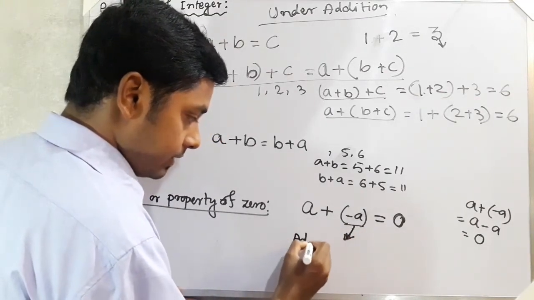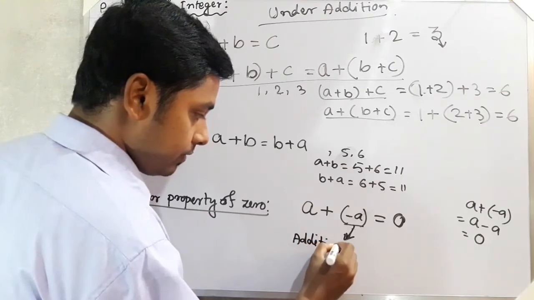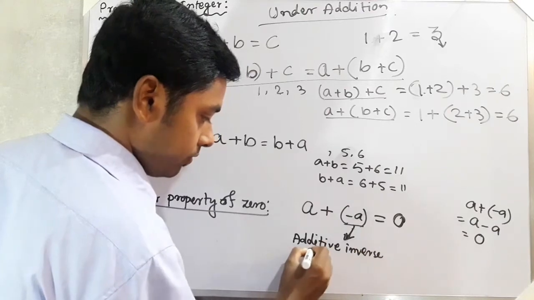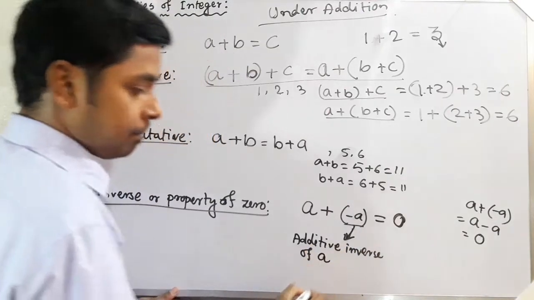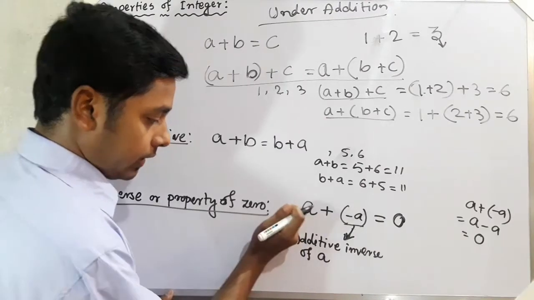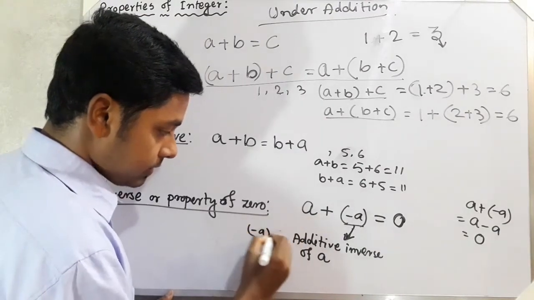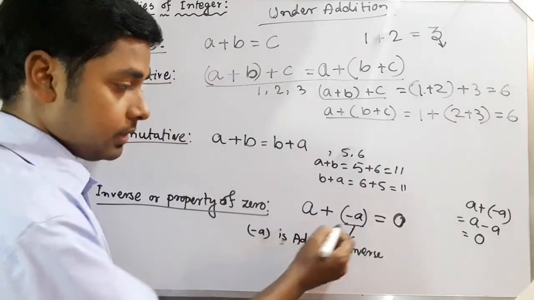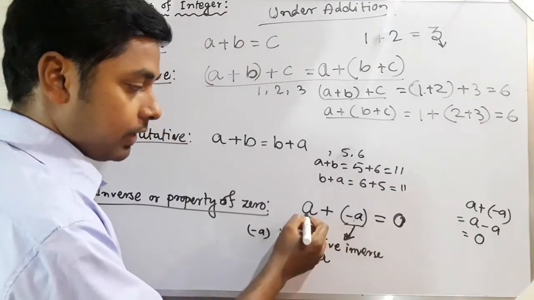Additive inverse of a. Okay, write down like this: minus a is additive inverse of a.